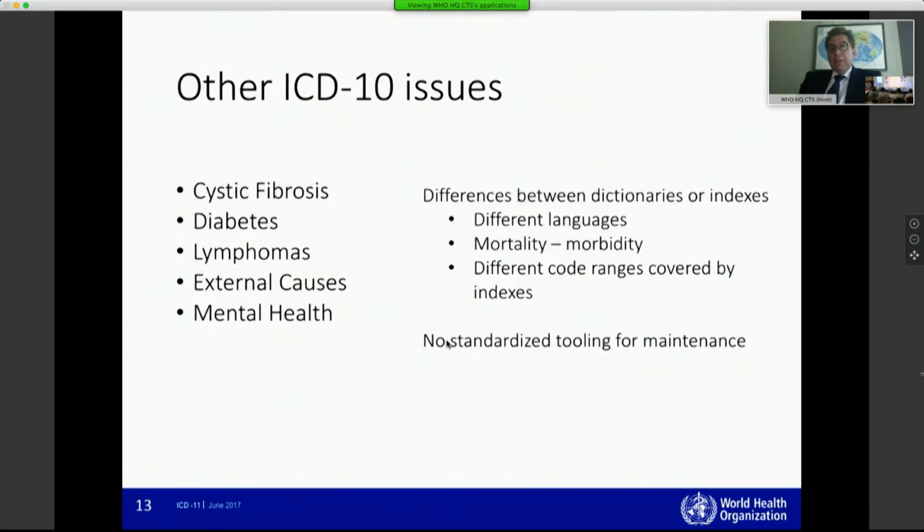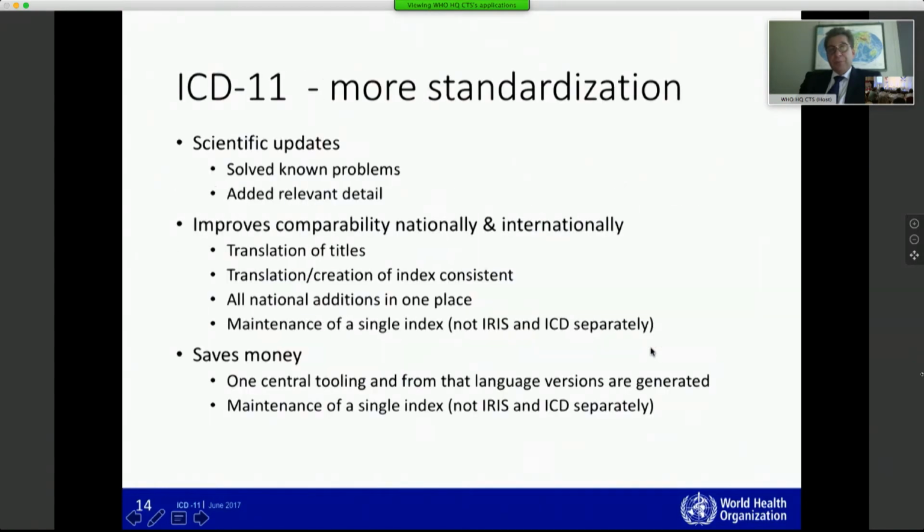And there were other bigger things like cystic fibrosis, the classification of diabetes that was overly complicated, lymphomas, outdated external causes, missing detail, and mental health moving forward in science, but the ICD didn't. So these things need to be addressed. And we still have here the problems with the indexing and code ranges that are covered differently. And no tooling for maintenance, no proper tooling.